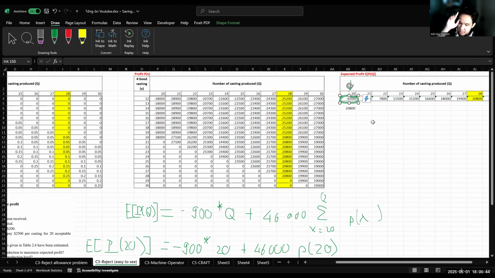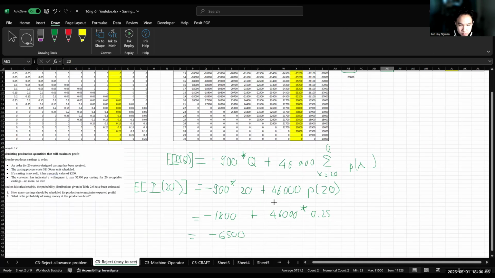Okay. Now, let's do it one more time. I'll calculate the expected profit for Q equal to 23. Q is 23.